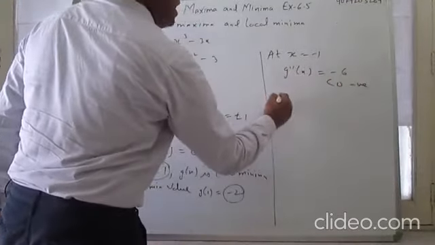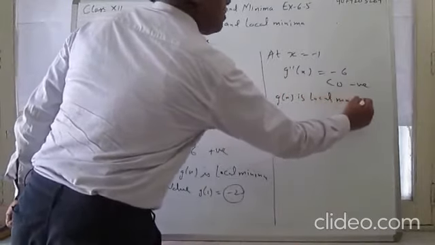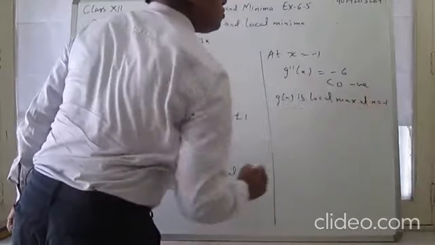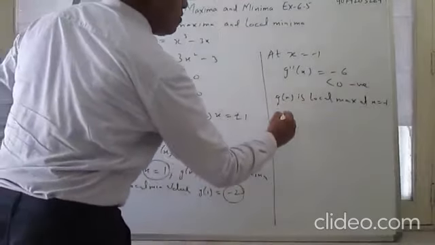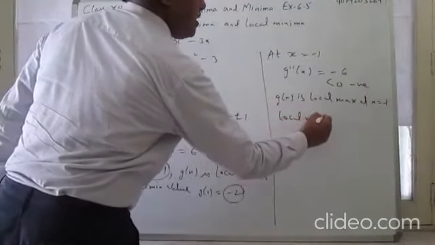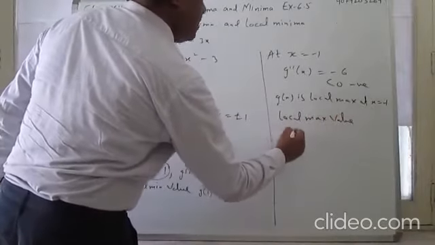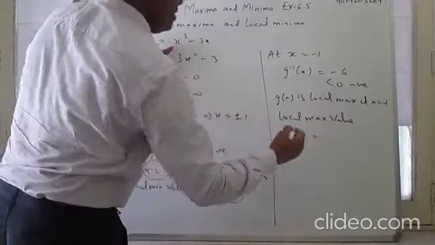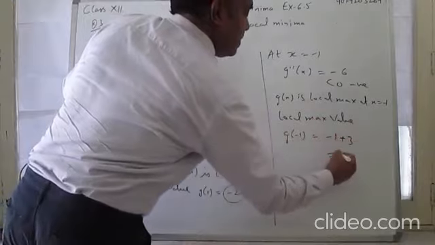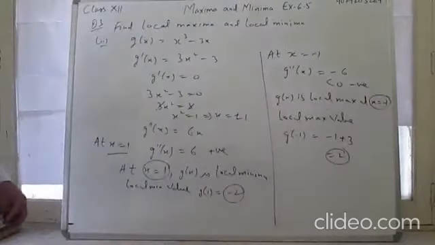So g(x) is local maxima at x is equal to minus 1. So what will the local maximum value be? g(minus 1) is minus 1 plus 3, that is 2, at x is equal to minus 1.